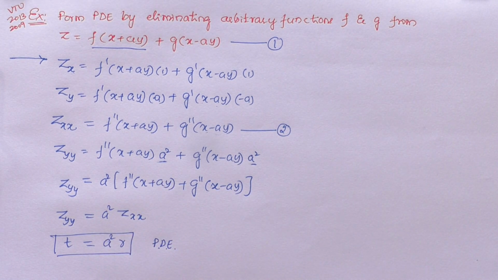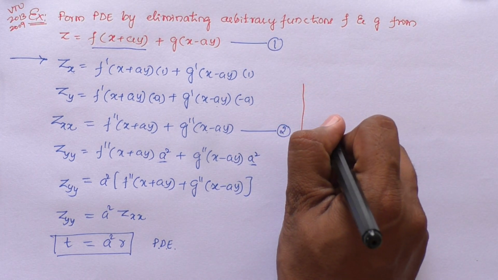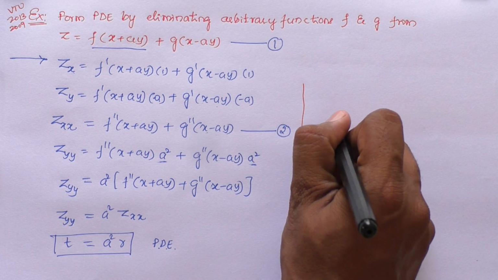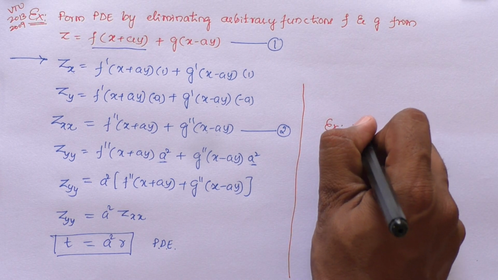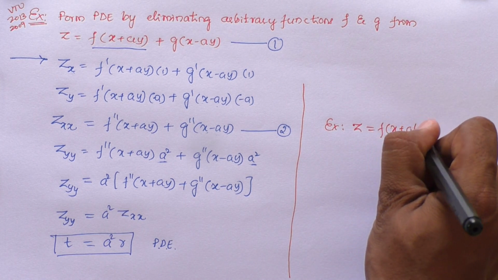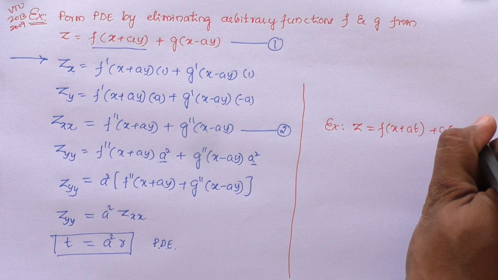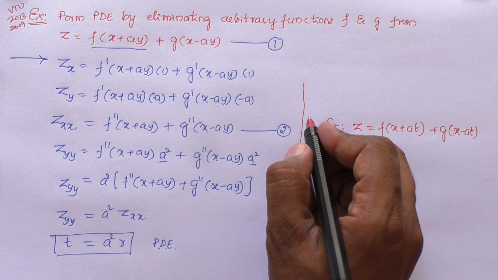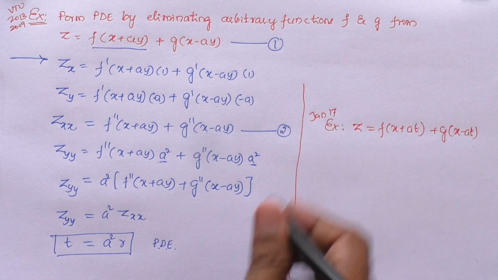In the same way, you can try another problem. Form a PDE by eliminating arbitrary functions from z equal to f of x plus at plus g of x minus at. This was given in the January 2017 examination.